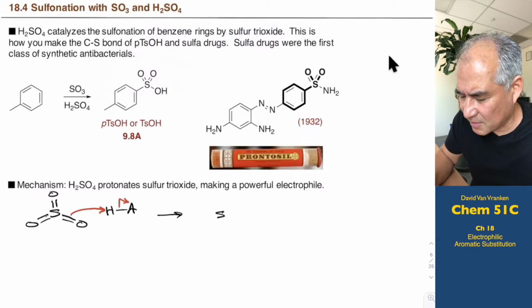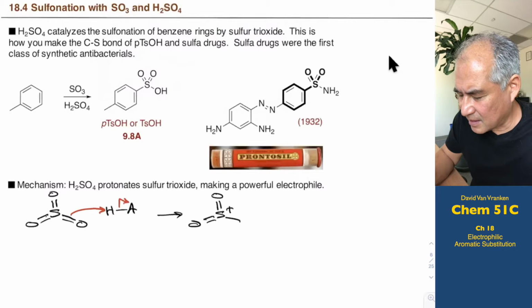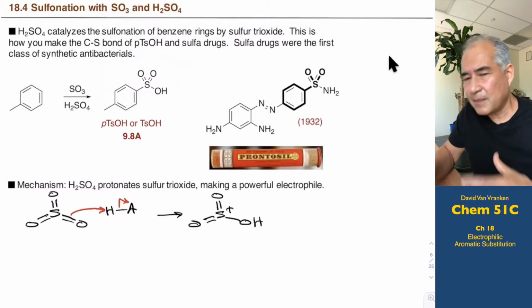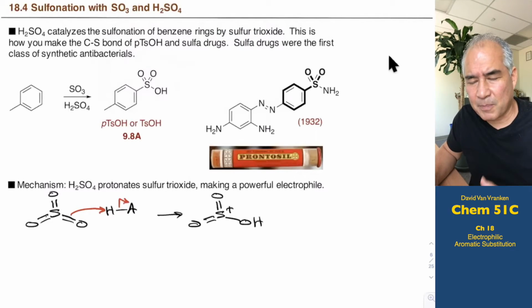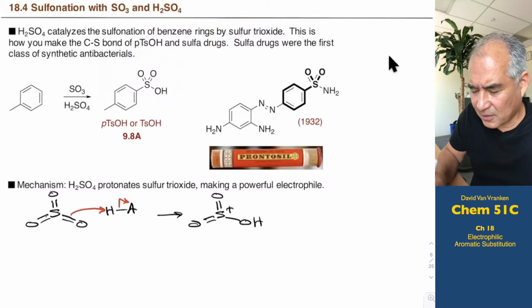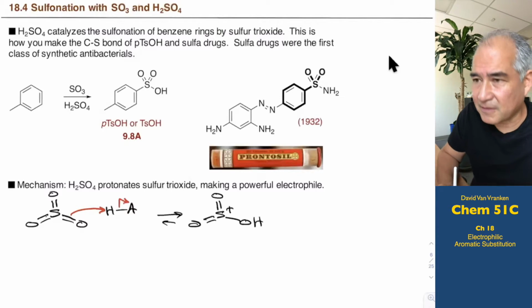So I get right to the resonance structure that I'm interested in here, the one that has S plus and an OH attached. So we really make that sulfur atom electrophilic when we protonate one of the 3 oxygens of sulfur trioxide. And of course, this is putting a proton on, taking it off. So we've generated our super powerful electrophile.